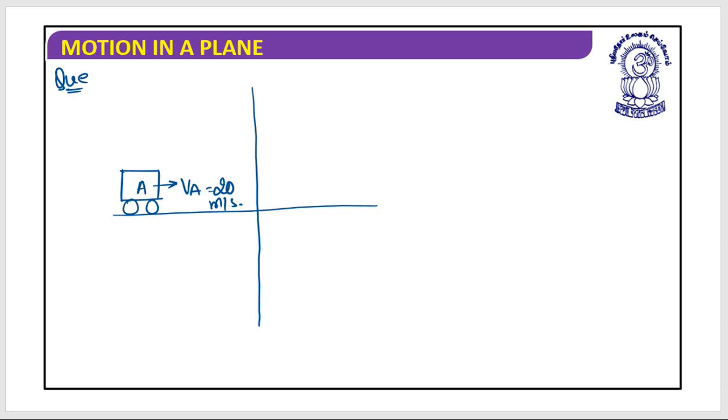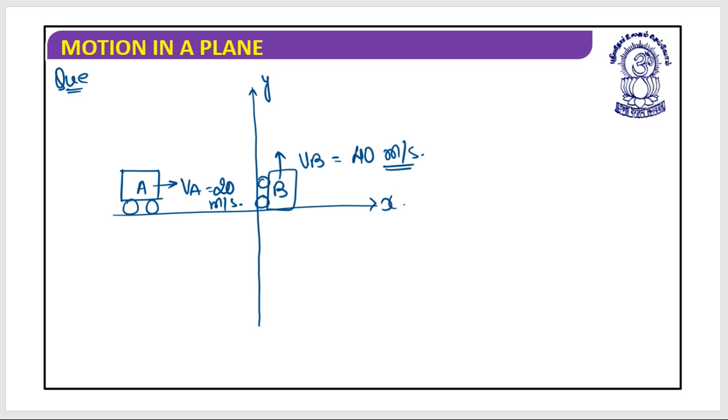And another object is there, which is moving in this direction. This is y, this is x, so it is moving in plus y. It's a plus j cap kind of situation. This is B, and this VB is equal to 40 meter per second. Please remember this diagram.